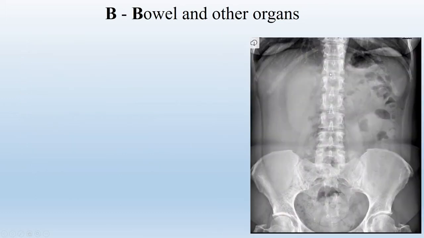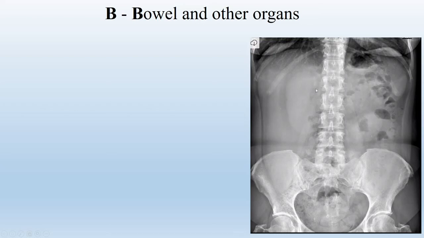So here's another case regarding the other organs. You assess the name of the patient, the date the X-ray film was done, assess the exposure, assess the air in the abdomen, then the bowel, which is good here, and then you start to assess other organs in the abdominal cavity, and it is quite striking here.